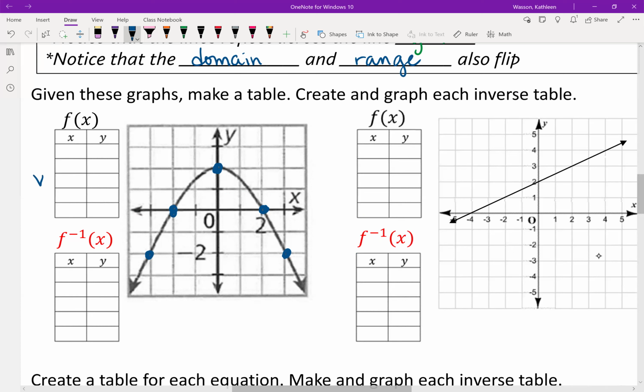So from left to right, I have -3, -2, and -2, 0. I also have 0, 2, 2, 0, and 3, -2.